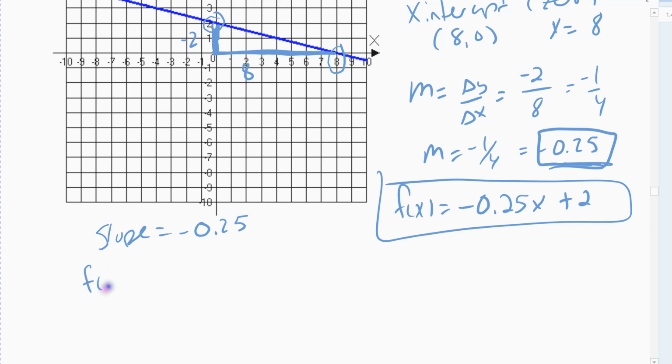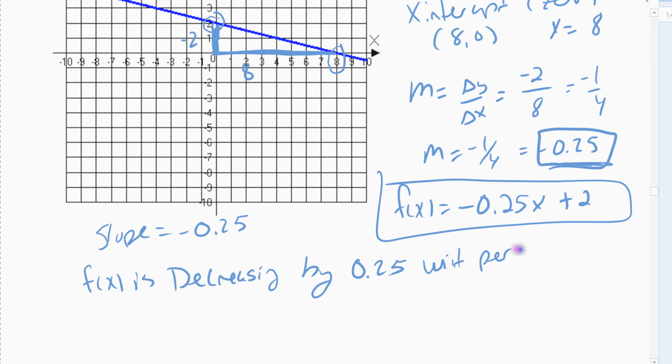And so first of all, my function, f of x, is decreasing by 0.25 units, a quarter of a unit, per change in x. Per change in x implies 1 x unit. So I'm moving down by a quarter of a unit every time I increase x by 1.